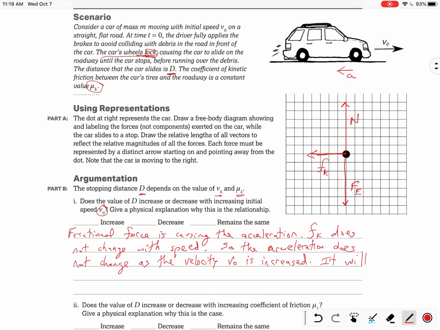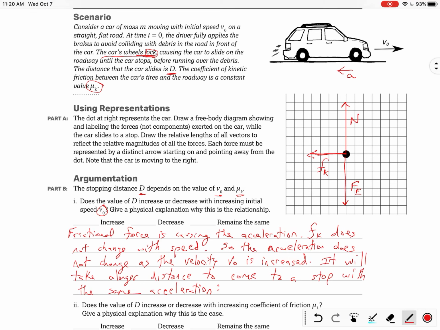It will take a longer distance to come to a stop with the same acceleration. Now that may be a bit of a leap of logic. So we might want to even throw in a kinematics formula to support it, although we don't want to dive into it too much.